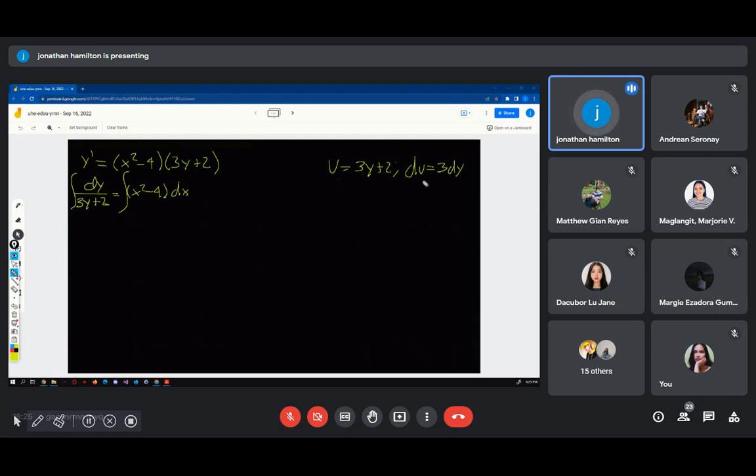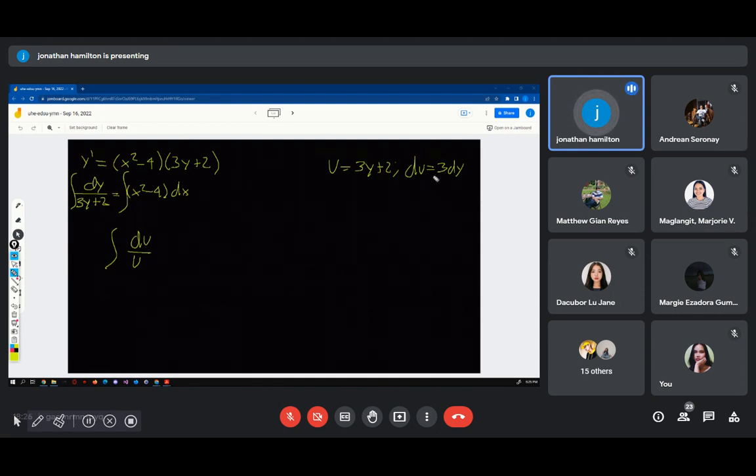So if we substitute these values, we can change this equation into integral of du over u. Since atong du is equal to 3 dy, natay 3 dire. So kailangan nato ni i-cancel out ang 3.